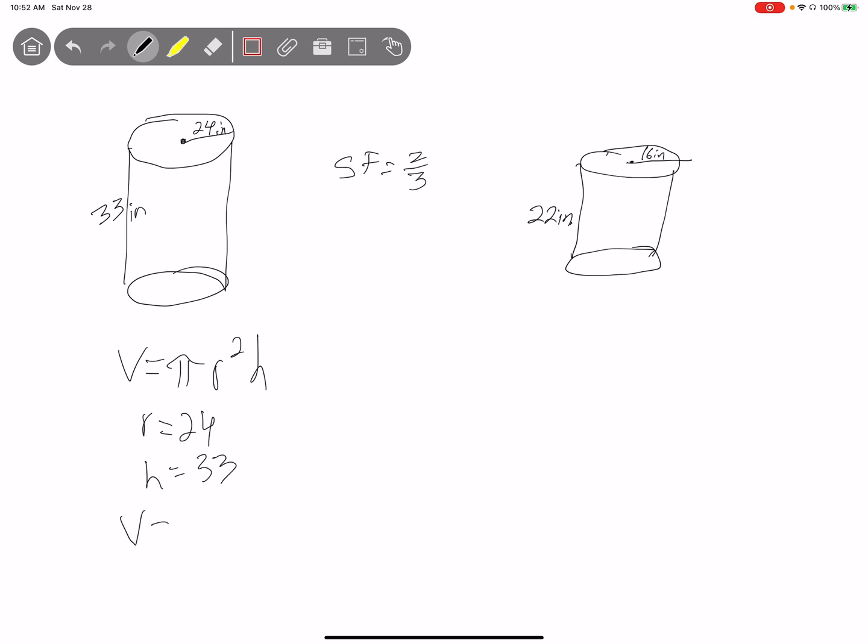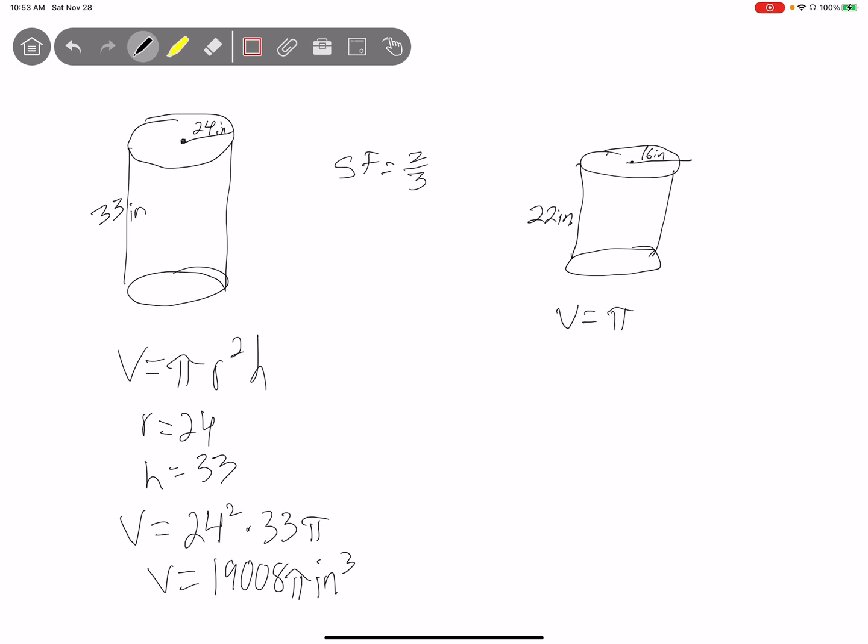So if I plug this in, I get 24 squared times 33 pi, which gives me 19,008 pi inches cubed.